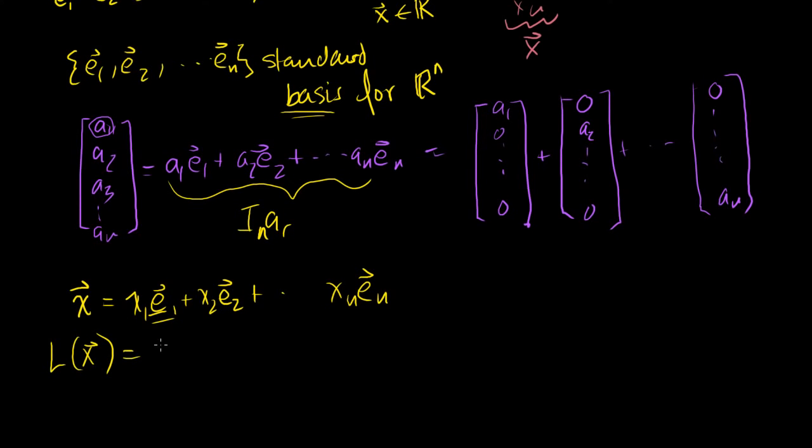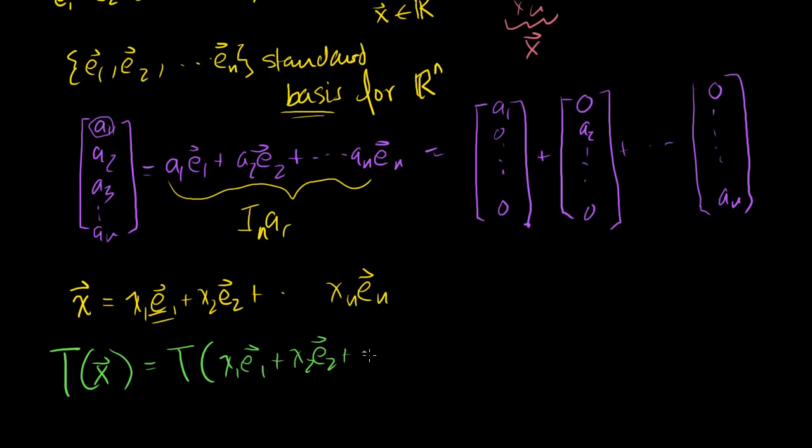Actually, instead of using L, let me use T. I used L by accident because I was thinking linear. But if I take the linear transformation T of x, because that's the notation we're used to, that's the same thing as taking a linear transformation of this thing. They're equivalent. So x1 times e1 plus x2 times e2, all the way to plus xn times en. They're equivalent statements.